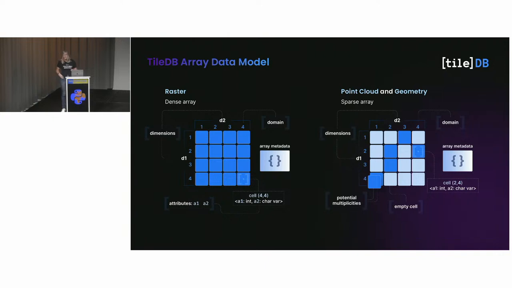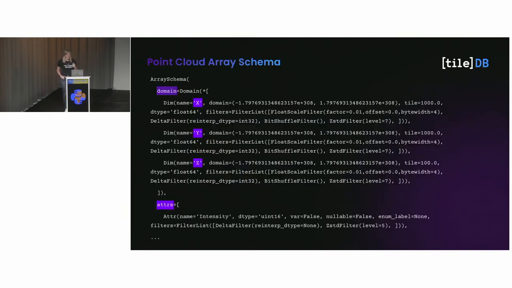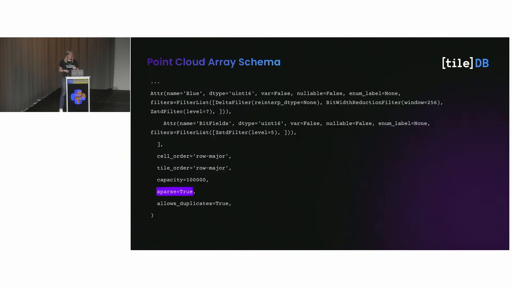For instance, when you load your data with GDAL, it automatically adds everything that GDAL knows about your data straight into that. So when you print it out, I'm sorry, there's a lot of numbers here. I just want to focus on the array schema. The domain, as I mentioned before, for a point cloud, I have the X, Y, and Z only. And then I have the attributes below that, so the intensity and RGB and everything else.